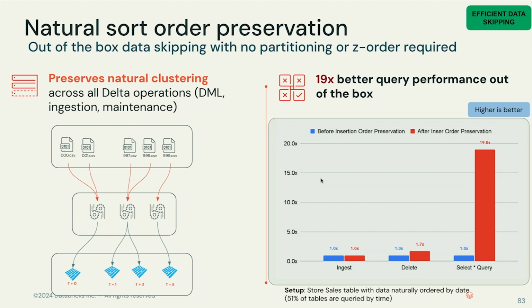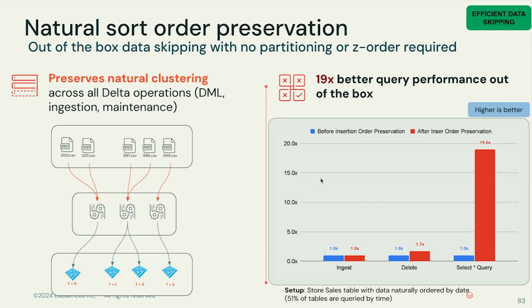As data is ingested into a table, naturally it's data from today, data from yesterday. And then the next day it's data from tomorrow, data from today. So the data is already kind of naturally sorted by the time it comes in.